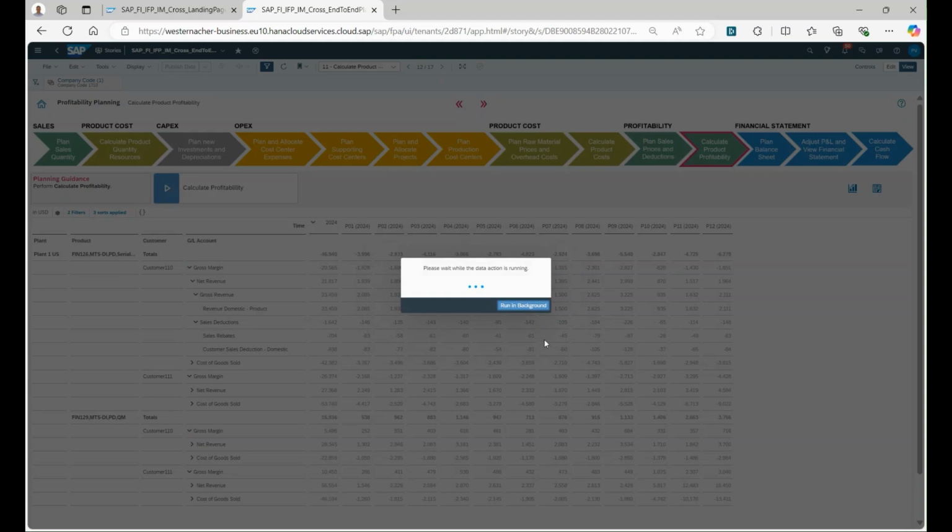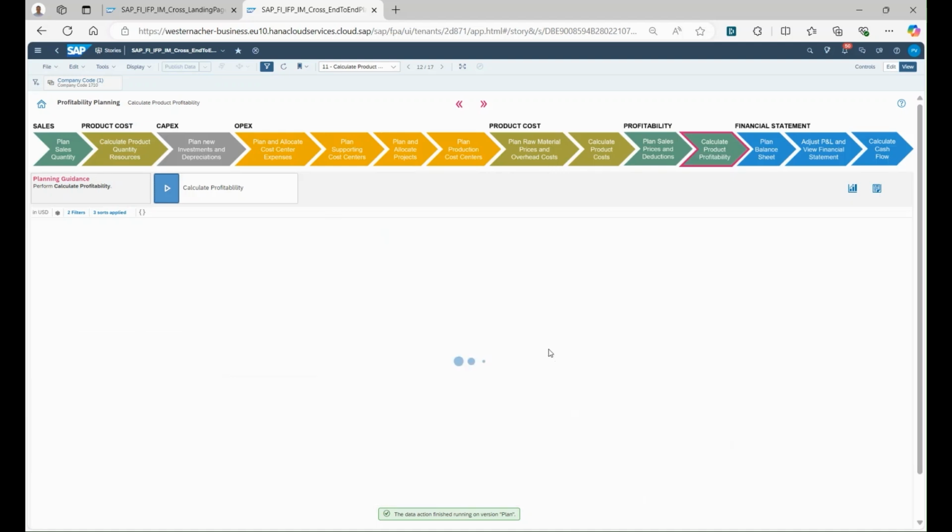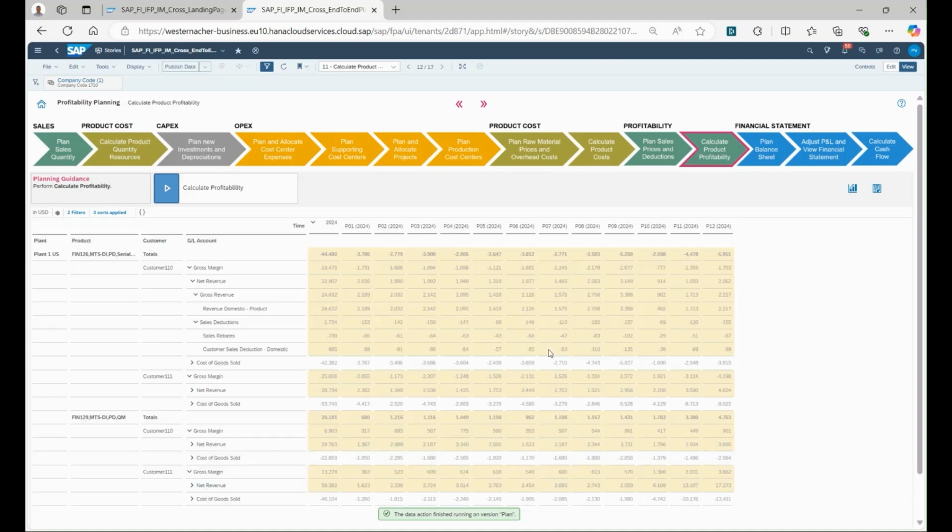So this is planned. Amy's going through updating this, because if we're going to be changing prices, assuming we've still got the same quantities, we just need to recalculate here in the Analytics Cloud, then it just rolls it all up to give us the profitability.